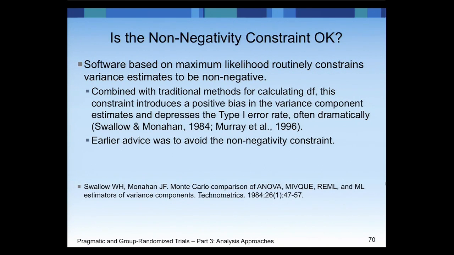What about the non-negativity constraint? This is something that many investigators and analysts aren't even aware of, but should be. As it turns out, most of the software that's based on maximum likelihood routinely constrains variance components to be non-negative. Most of you would think about that for a moment and say, duh, that makes sense. Why would we allow a variance estimate to be negative?